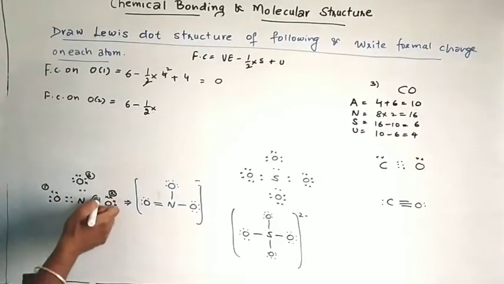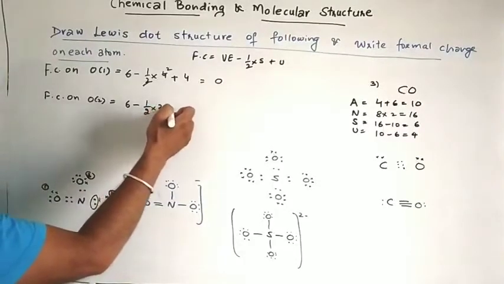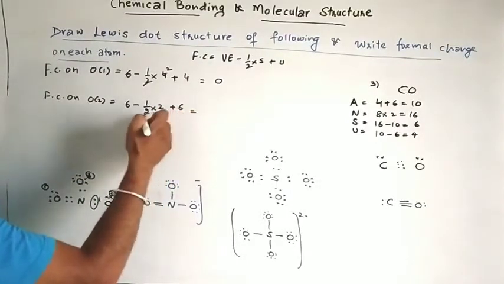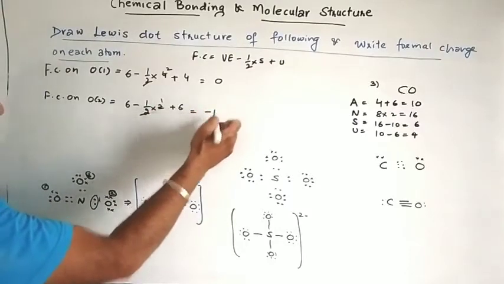These are the shared. And plus how many unshared? 2, 4, 6. So 6 minus 1 minus 6 gives us -1.